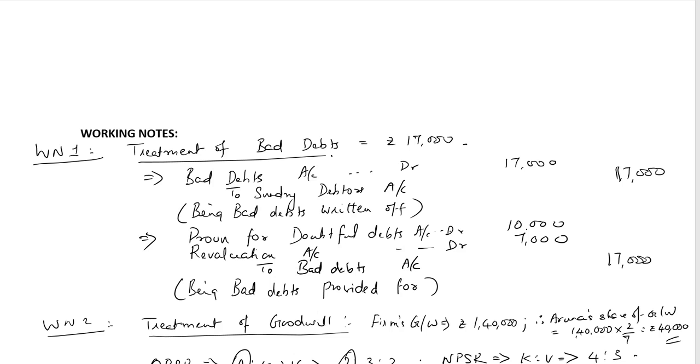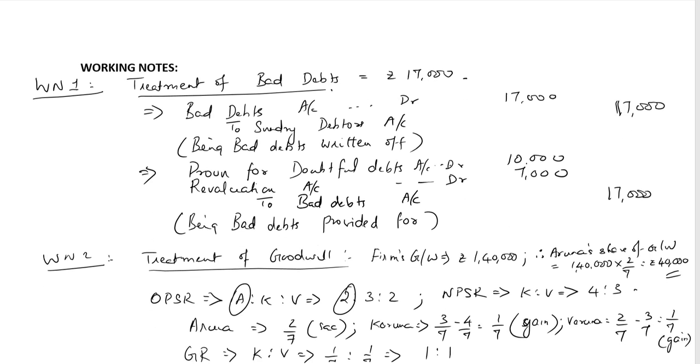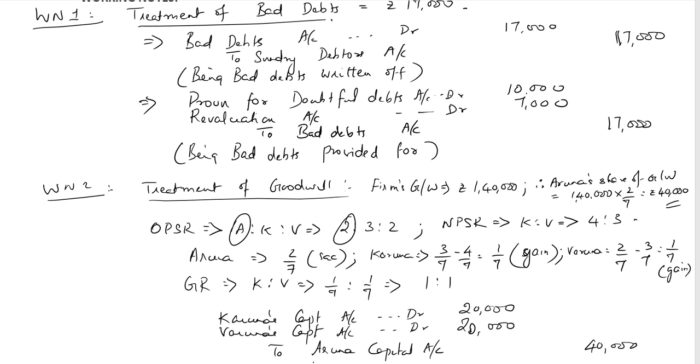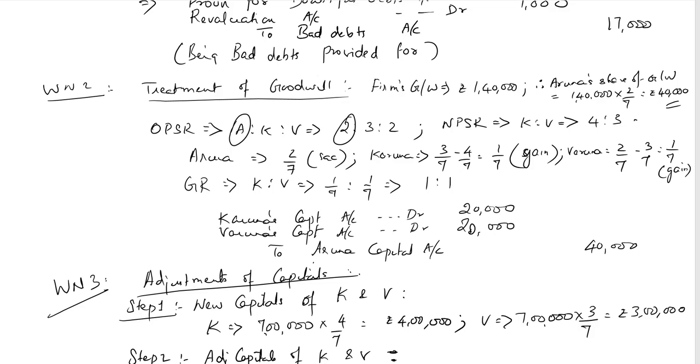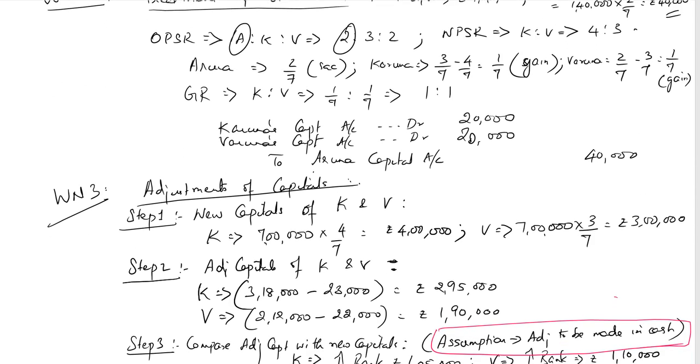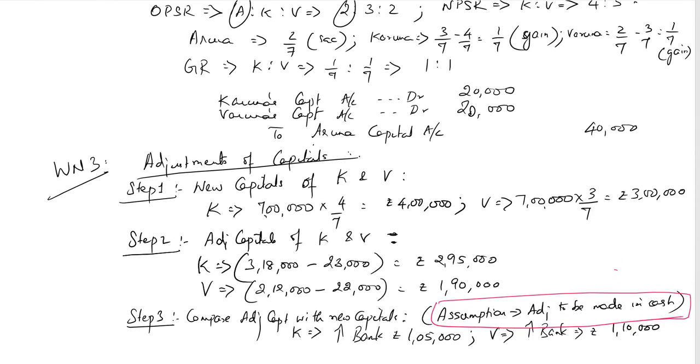Working note 1 was the treatment for bad debts. The second working note was treatment of goodwill. And the third working note was for the adjustment of capitals.